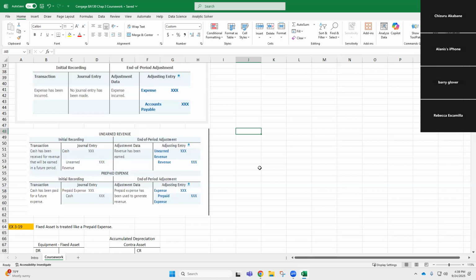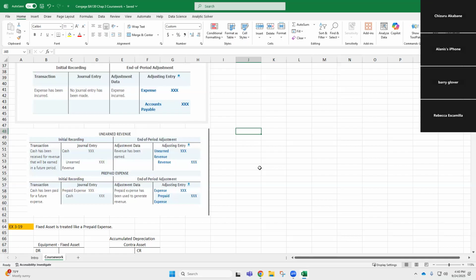The last one has to do with depreciation. We're not going to get into a lot of it because we have a chapter in our future where we will look at depreciation more closely. But in the world of accounting, depreciation just means that you're expensing a fixed asset, something that we bought that we plan to use beyond a year.